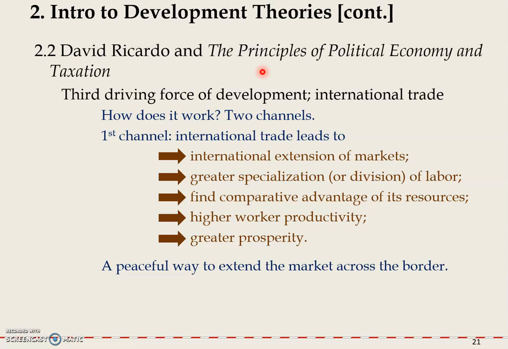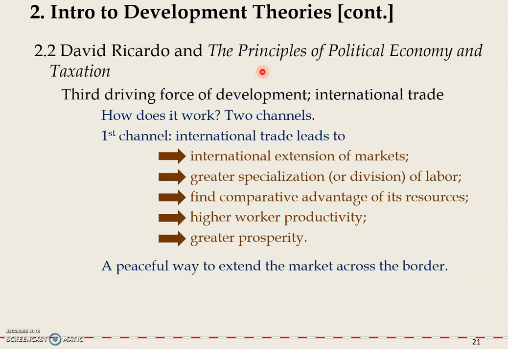What we explained here is a peaceful way to extend the market across the border. In other words, there is an unpeaceful way: you can send your military and occupy the territory of another country. We're talking about colonization, or colonial history. Later this semester, when we talk about some Asian economies, the colonial history is definitely a very important piece of the puzzle, which will help us understand the cultural and historical background for their economic development.